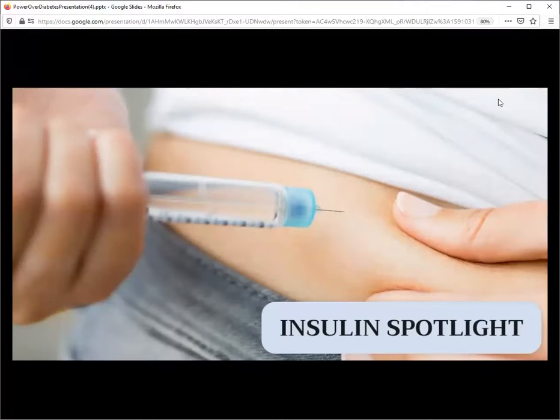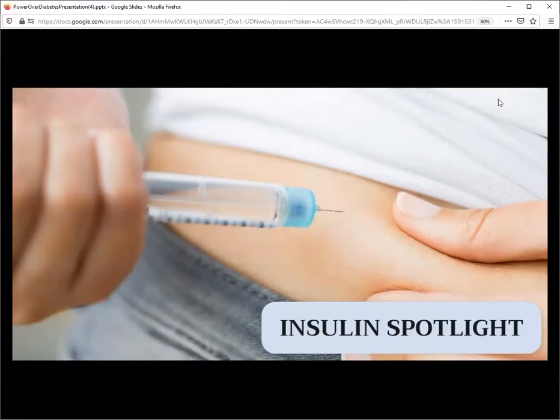So let's dissect some of the roles of insulin, besides just being the yellow taxicab for sugar molecules. Insulin is one of the things that increases the liver, muscle, and fat tissues' uptake of glucose.